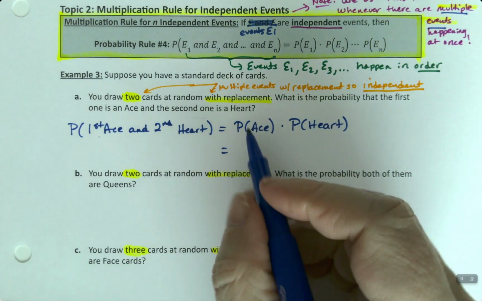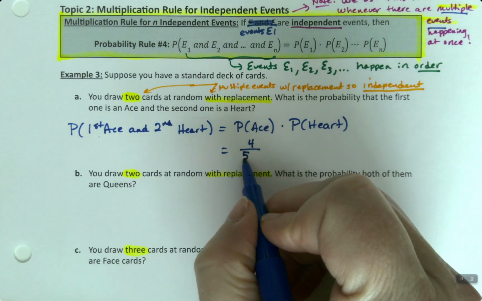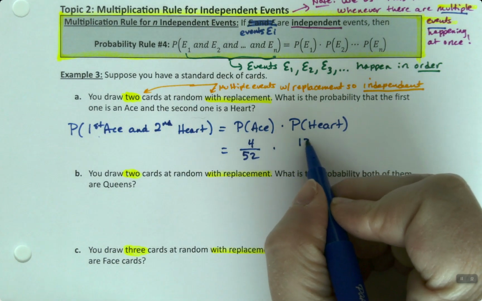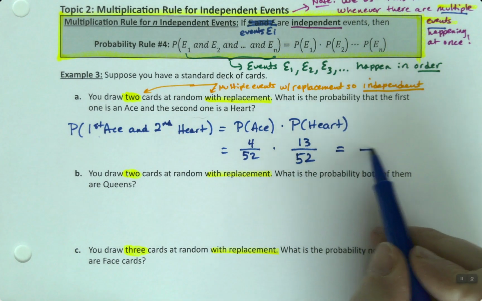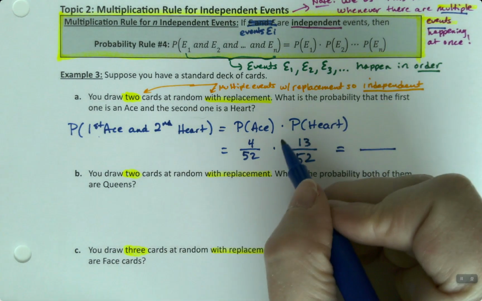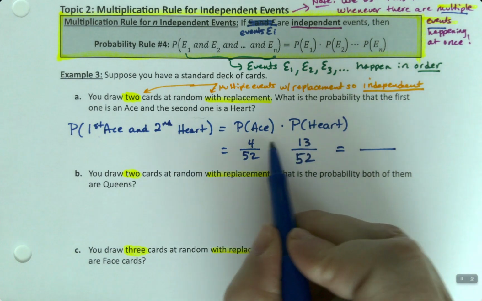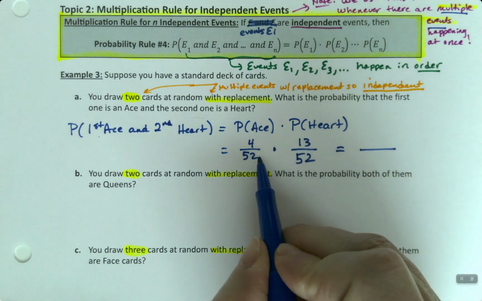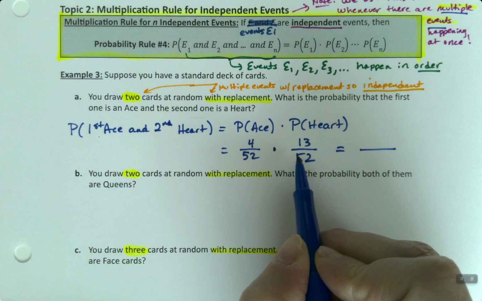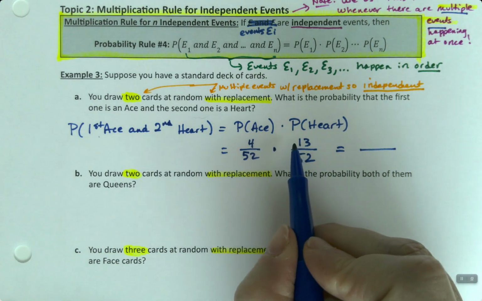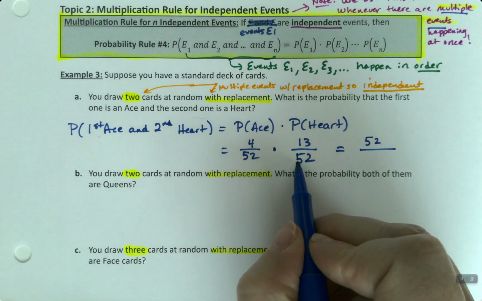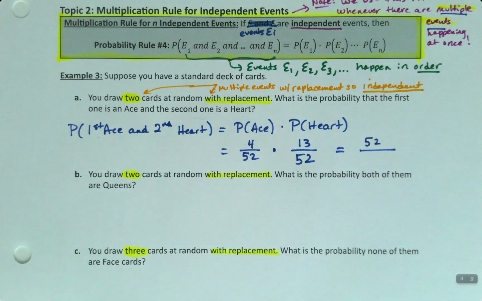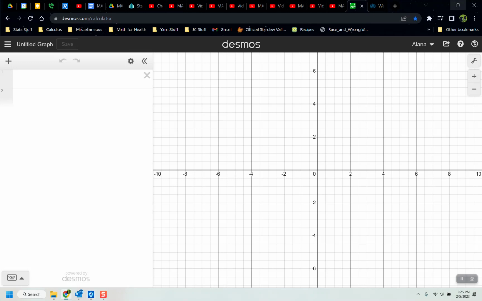Now the probability of an ace is 4 out of 52. The probability of a heart is 13 out of 52. Now when you multiply, multiplication is not like adding. When you multiply, it's the numerator times the numerator and the denominator times the denominator. So 4 times 13 is 52. 52 times 52 is 2,704, although I can prove it.